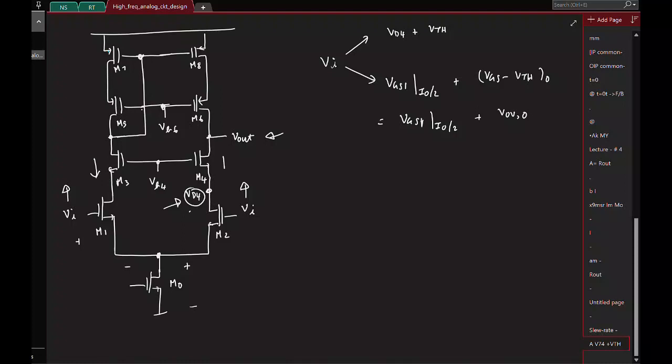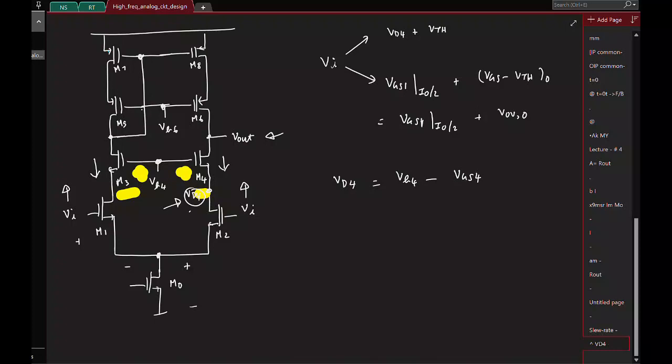These two transistors will have to carry the current I0 by 2, and I know their gate is at voltage VB4. So if the gate voltage is at VB4 and these transistors require a particular gate to source voltage, what is VD4 then? I probably should not have called it VD4, but anyways, what is it? VB4 minus.